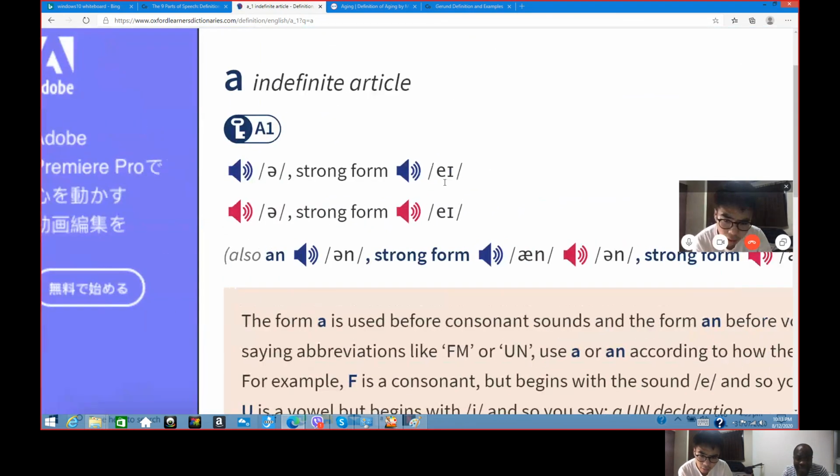You can say A, A. The Australian people use a different sound. Americans say ah. England says it differently. Very good. And a.